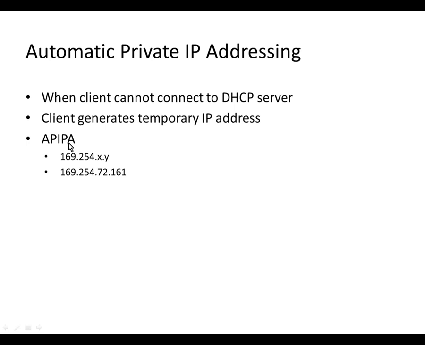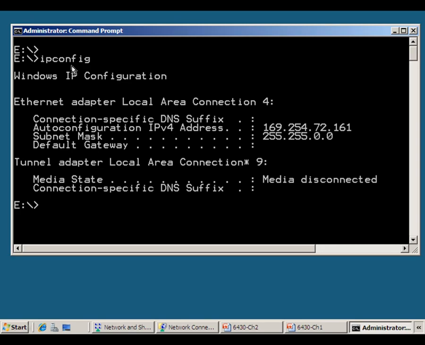This is called automatic private IP addressing. So if you go to a workstation and you type ipconfig and you see an IP address of 169.254.something.something, then you know that this computer is a DHCP client that was unable to reach a DHCP server, so it generated this temporary IP address. This IP address is only good for connecting to other computers in the same network.